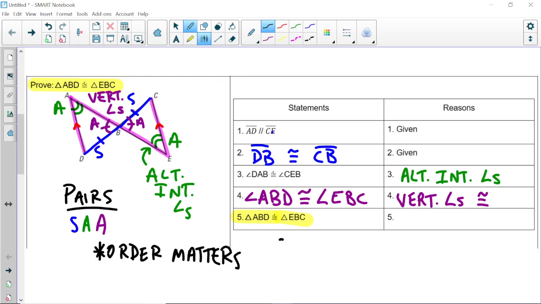Our order is our green A, then our purple A, then our blue S. So this is an angle, angle, side. Again, it's super important that you put that congruent symbol after your AAS. Angle, angle, side.